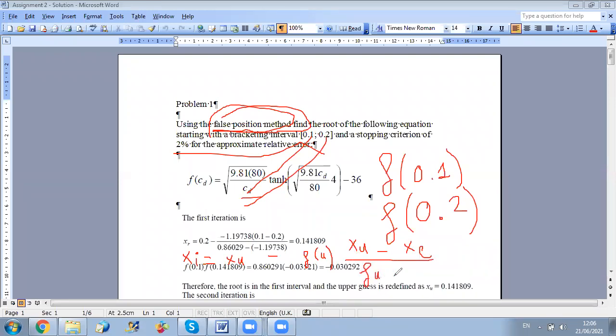Okay. Now here, for example, you can play with this formula. You can switch these two terms. So if you put X lower minus X upper, you should put here F lower minus F upper. And also, for example, another possibility, instead of taking X upper minus F upper times, you can apply X lower minus F lower times.